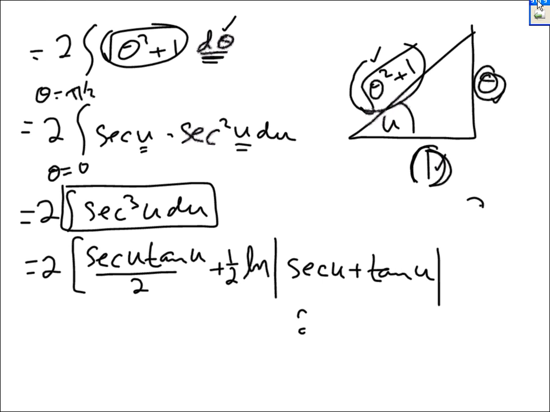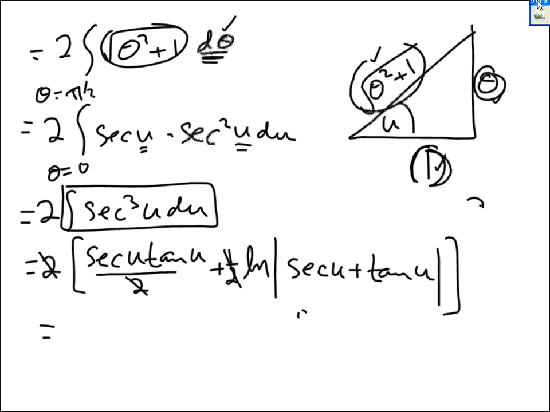Look up this formula. It's in some table in your book called the reduction formula. Okay, I can factor out the half and it'll kill off the 2 in the front. 2 times the half is 1.